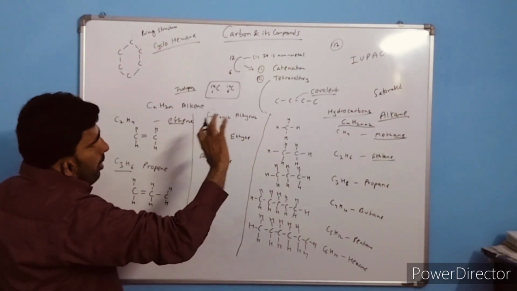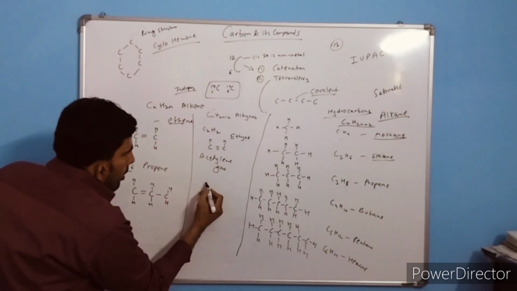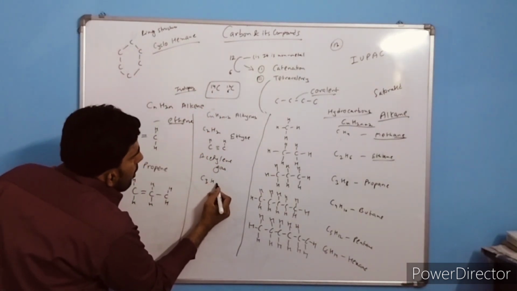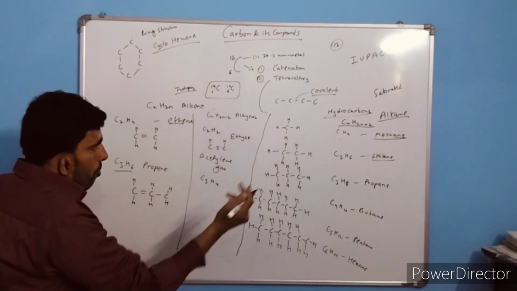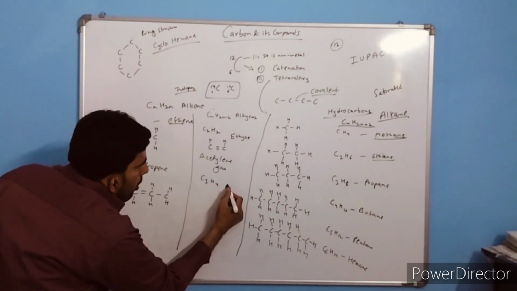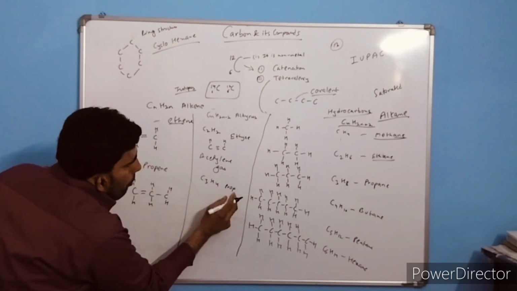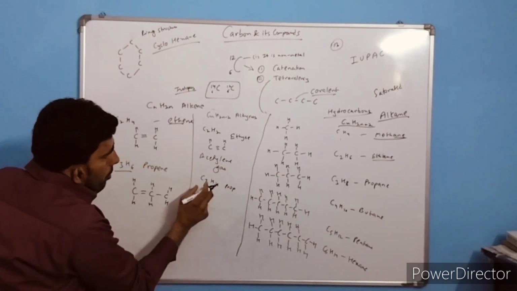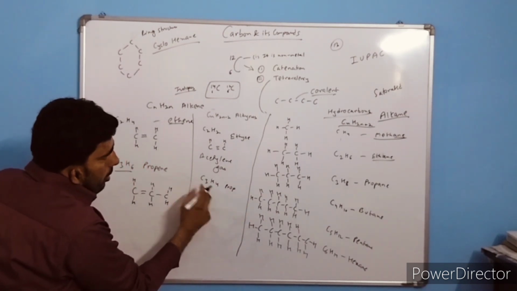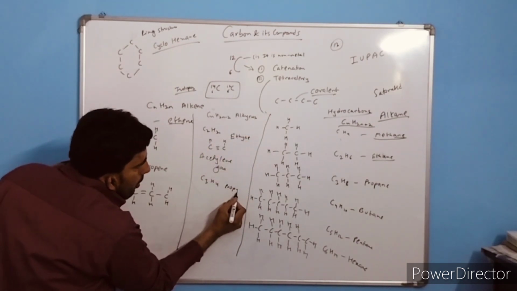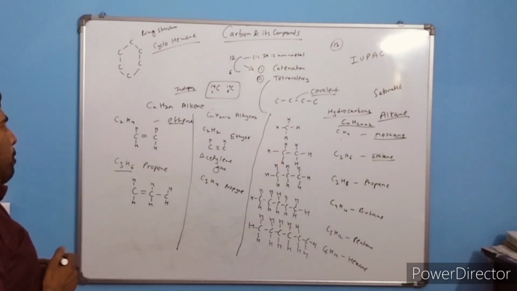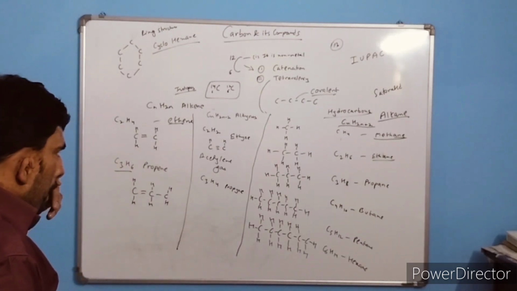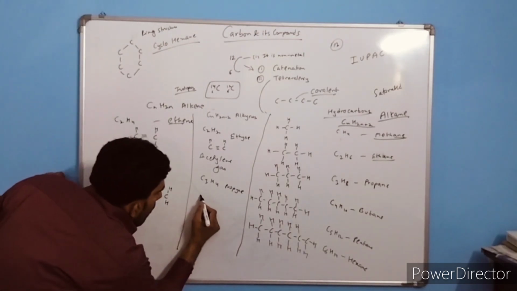If I say C3, H4, got 3 times 2 is 6 minus 2, 4. And that is called prop, here 3 carbons, and triple bond I say propyne. Now how will you draw the propyne structure? We'll see. It will be like this.